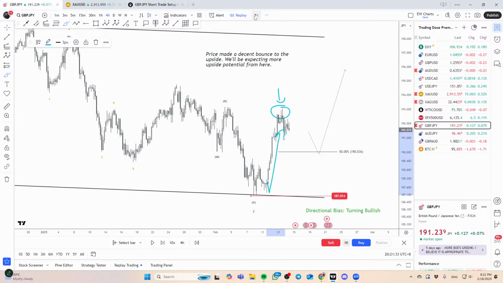In terms of the wave details, from this low we can also see a 1, 2, 3, 4, 5, which gives a little bit of additional confluence where we are expecting some sort of a pullback.